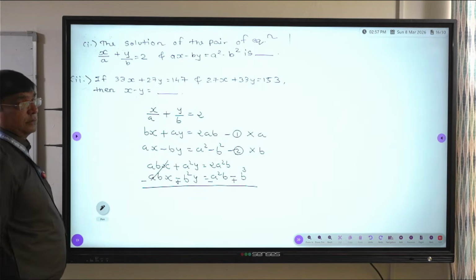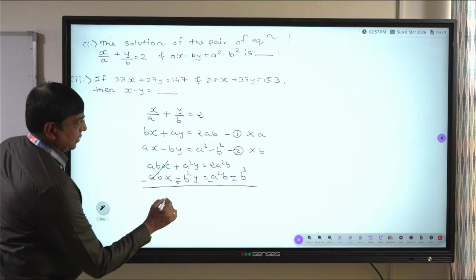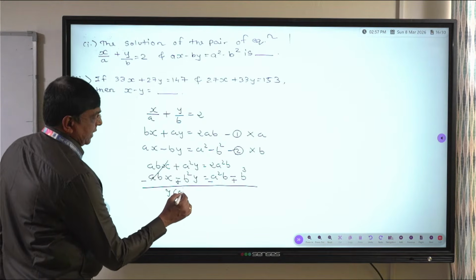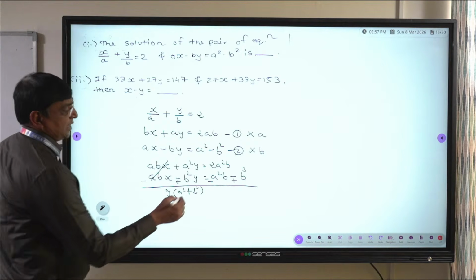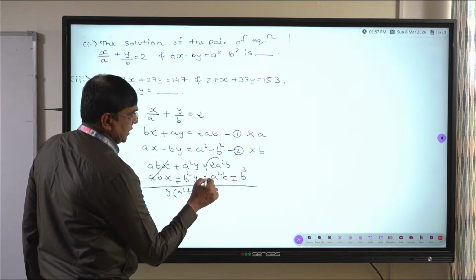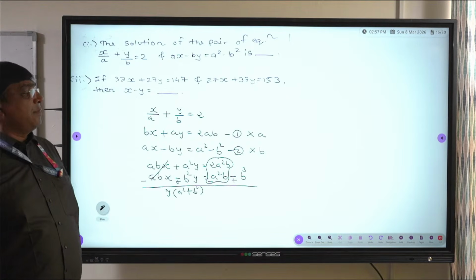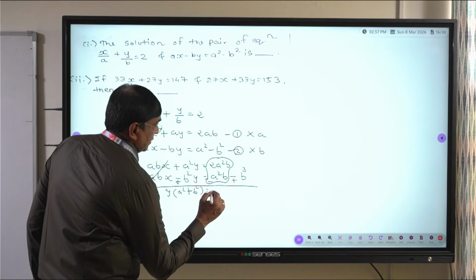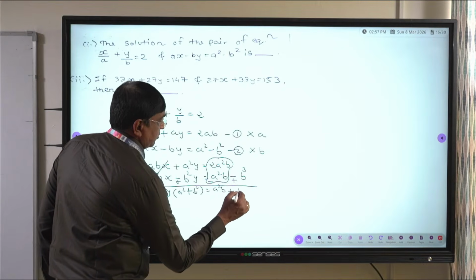abx cancels. From both, y is common, so y common, remaining is a square plus b square. Like terms are there. See, 2a square b minus a square b, we get a square b plus b cube.